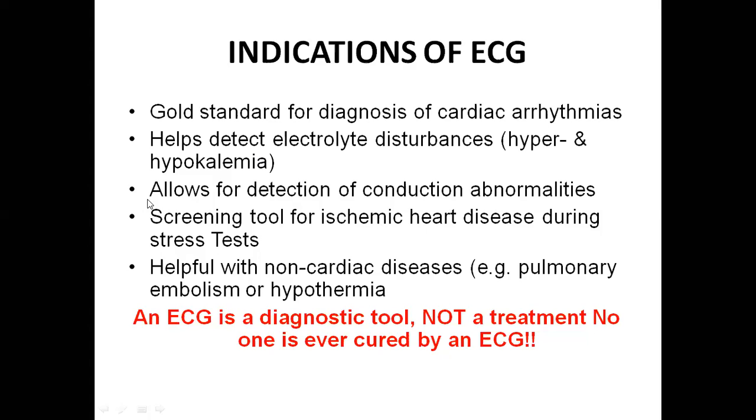And this ECG allows for detection of conduction abnormalities. It was also seen that if there are some abnormalities in the heart function, then it will reflect on the PQRST curve. Why? Because this PQRST denotes the proper functioning of the heart.